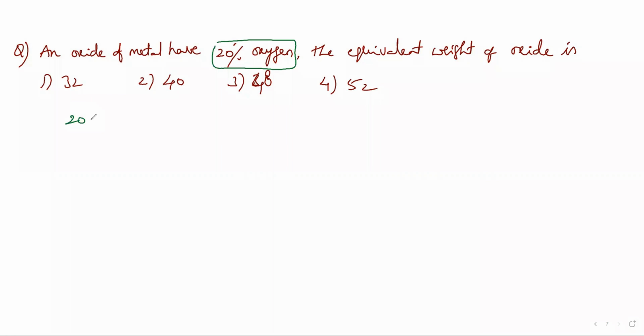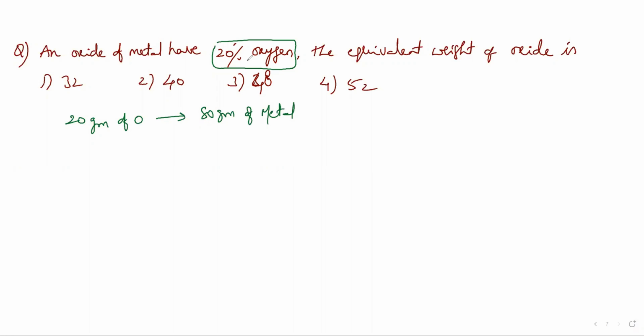Let us suppose 20 grams of oxygen means the remaining out of 100, 80 grams, will be metal. You understand, 20% oxygen is present, so the remaining 80% should be metal. So we are taking it in terms of grams: 20 grams of oxygen means the remaining 80 grams of metal should be present.